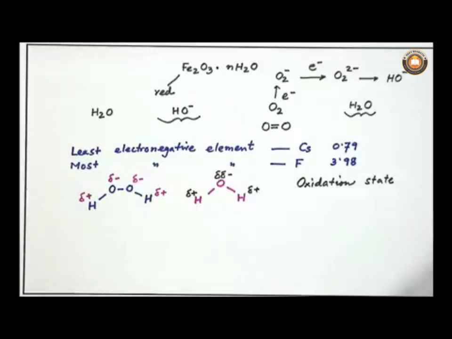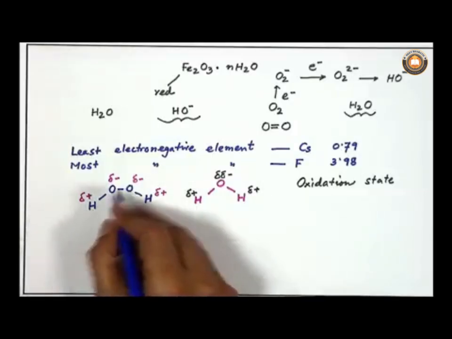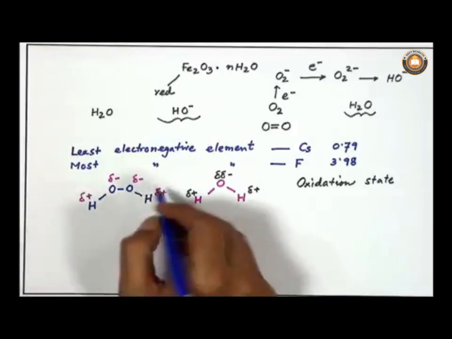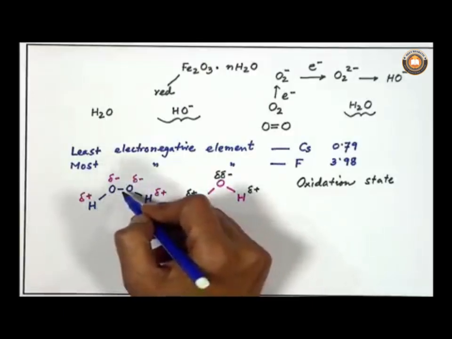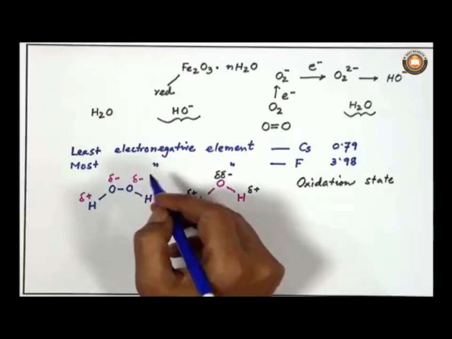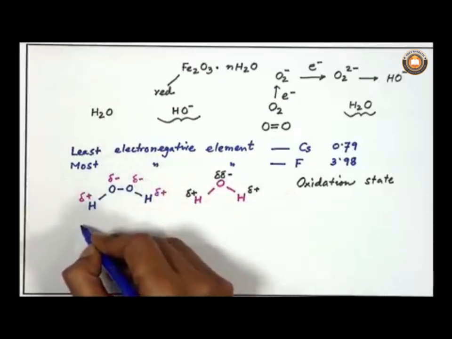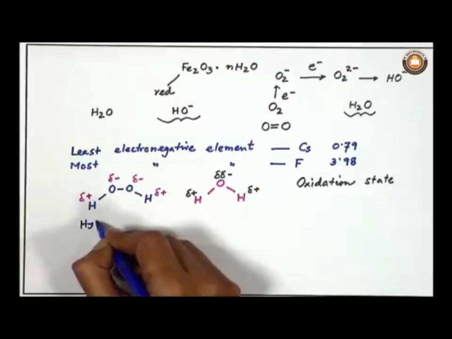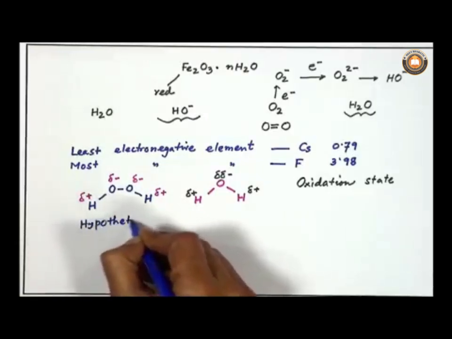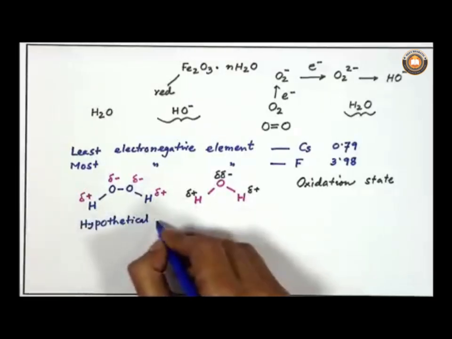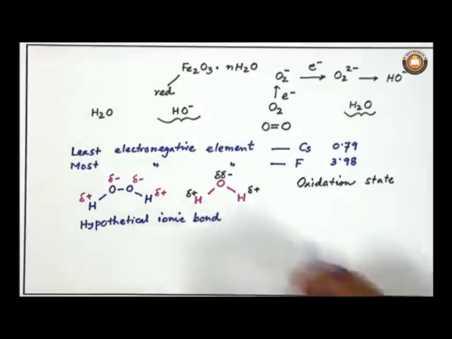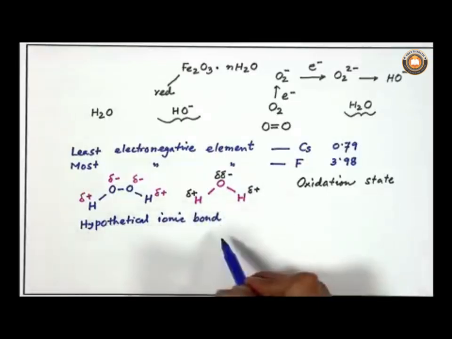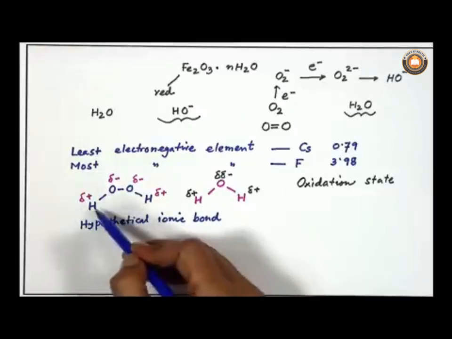So, how we get the corresponding oxidation states of hydrogen and oxygen is that we just consider that this particular charge separation continues, and this particular charge separation gives us something where we can have a hypothetical ionic bond, and that hypothetical ionic bond will lead us to a complete charge separation.